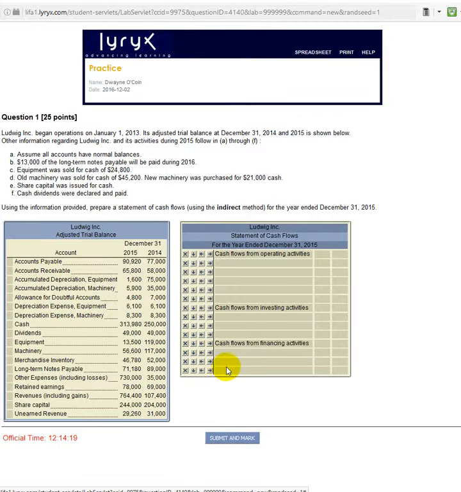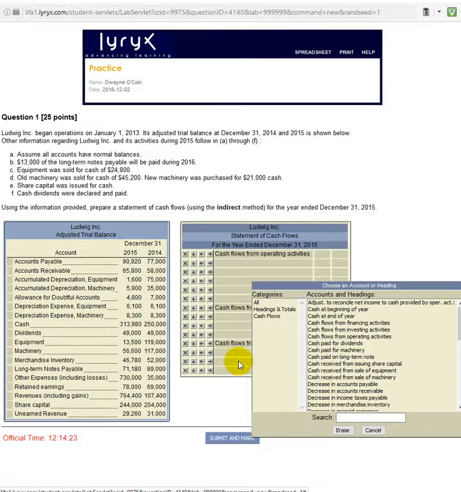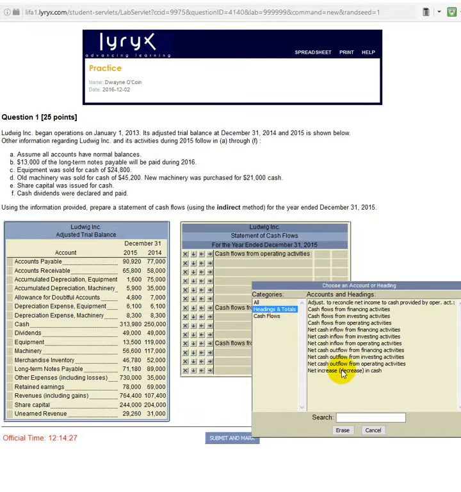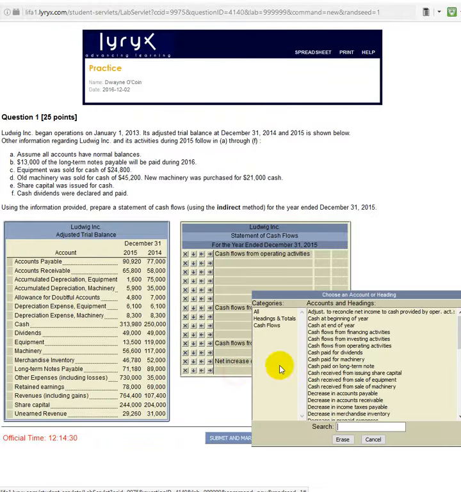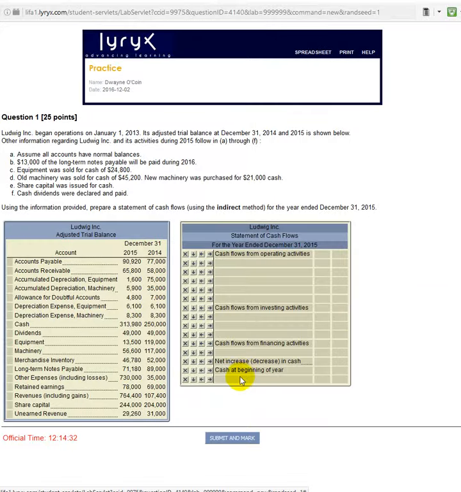And then at the end, we have to do the standard cash reconciliation. The first heading is net increase or decrease in cash, and then we have cash at the beginning, and that reconciles to cash at the end. And that's pretty much all we can build into the calculation at this point.